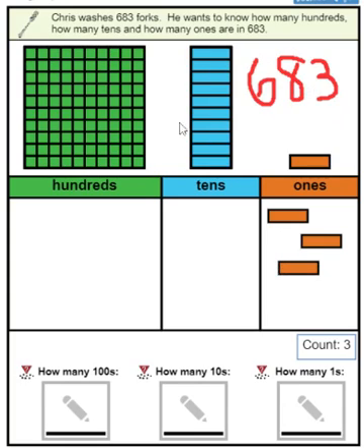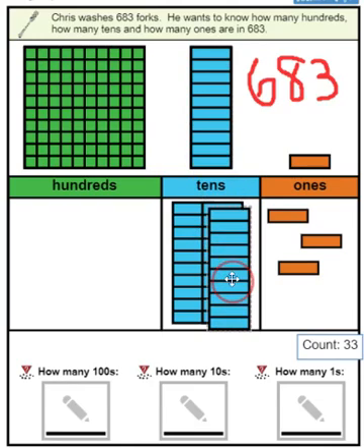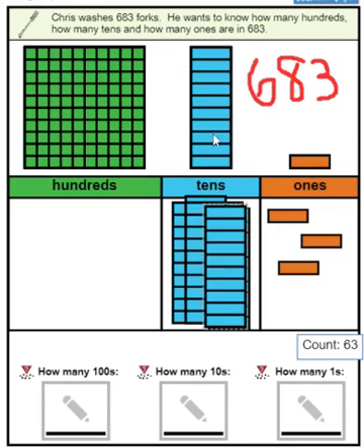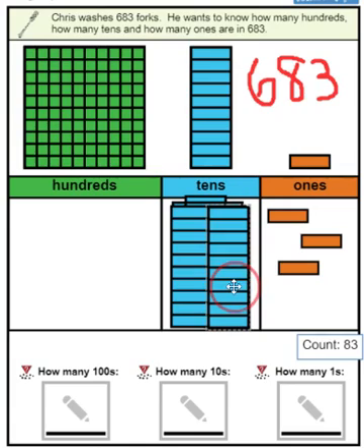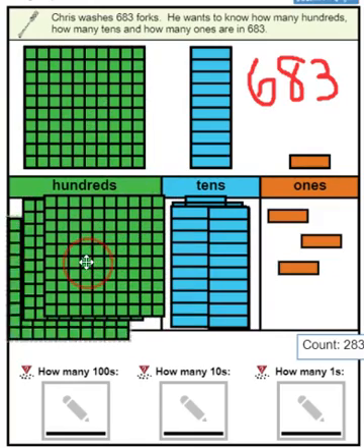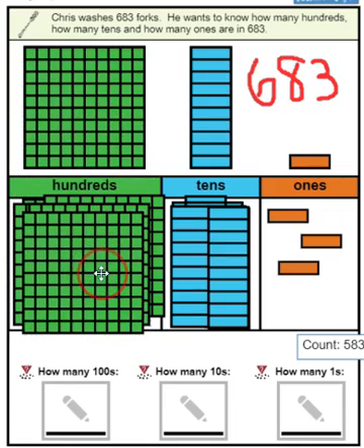I have 8 tens. 1, 2, 3, 4, 5, 6, 7, 8, and 6 hundreds. 1, 2, 3, 4, 5, and 6.